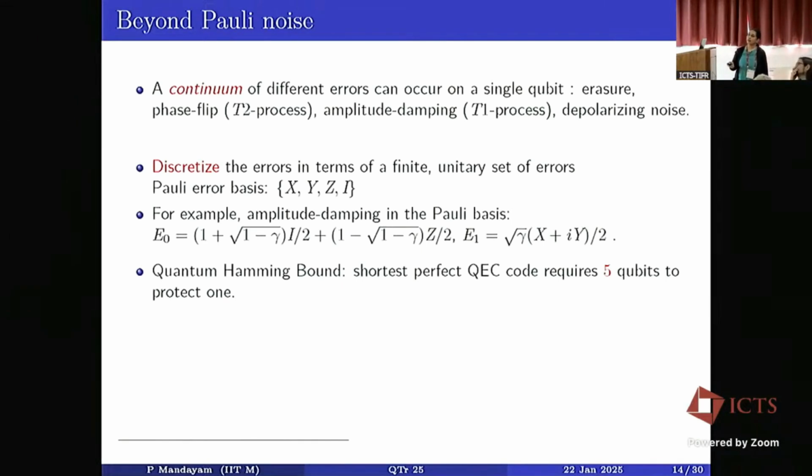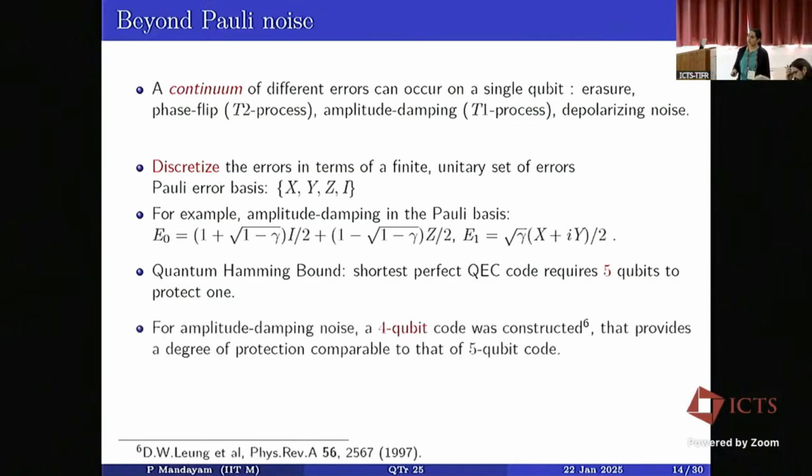So if one sticks with this picture of discretizing the errors in terms of Paulis and correcting them, then you get a bound on the resources that you need to do error correction. On the other hand, if you move to correcting directly for amplitude damping noise, then it may be possible to beat this bound, and this has been known for a while.